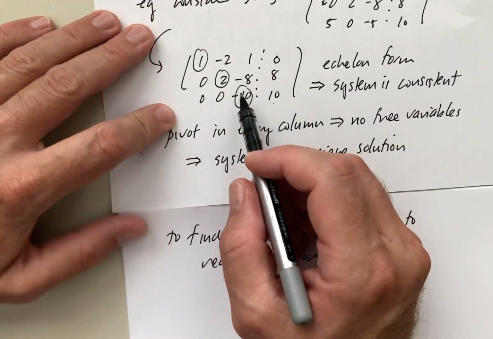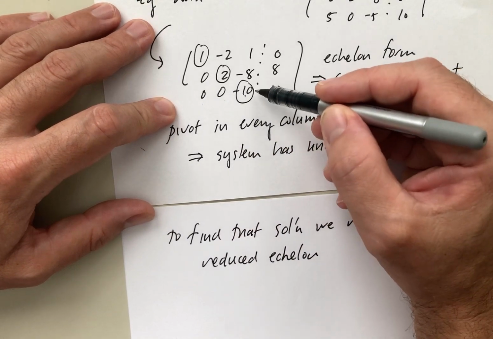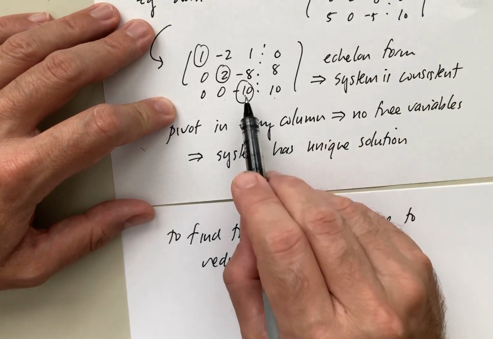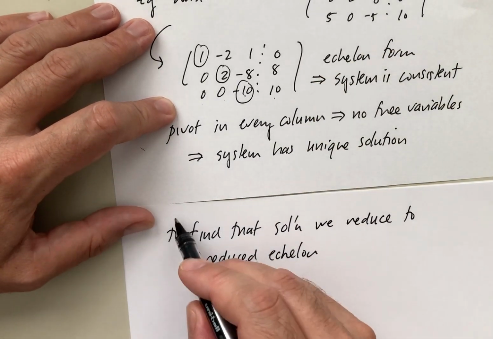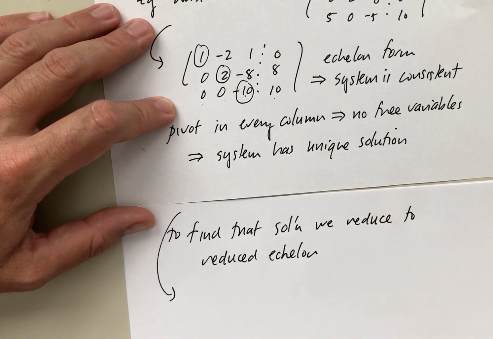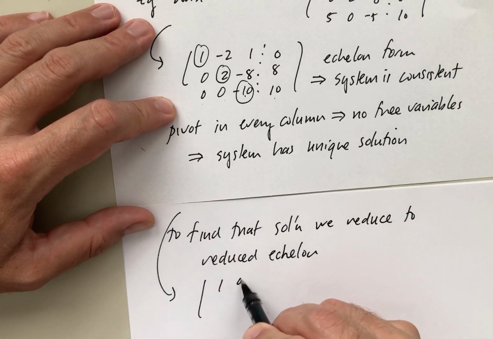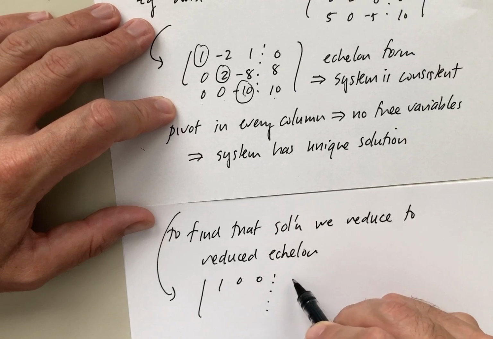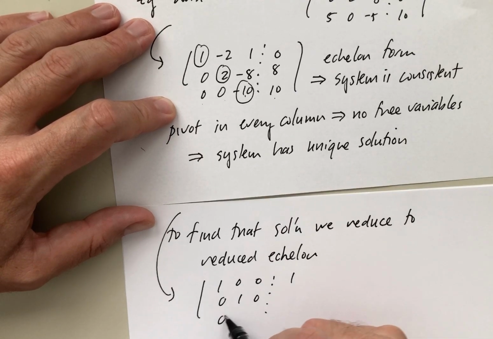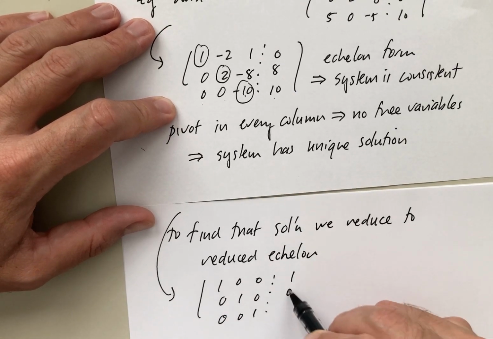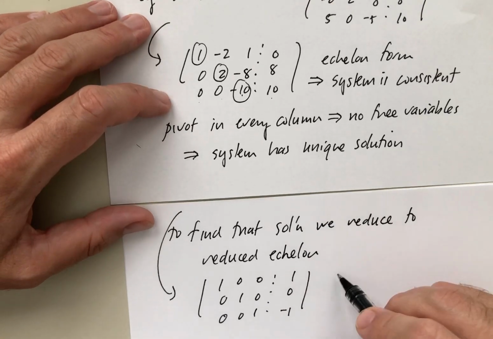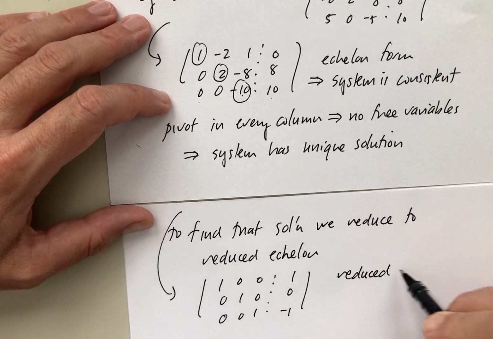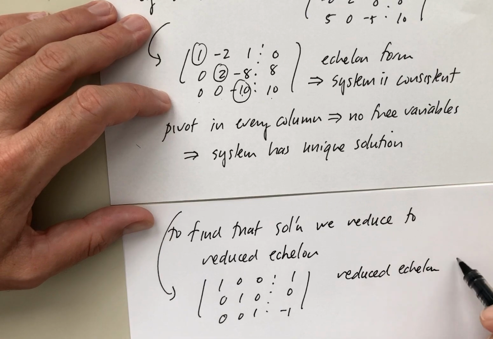If you take this matrix and start reducing above the pivot, first I would scale that by minus 1/10 to get it to 1. If you perform your row operations, you get this. This is reduced echelon form.